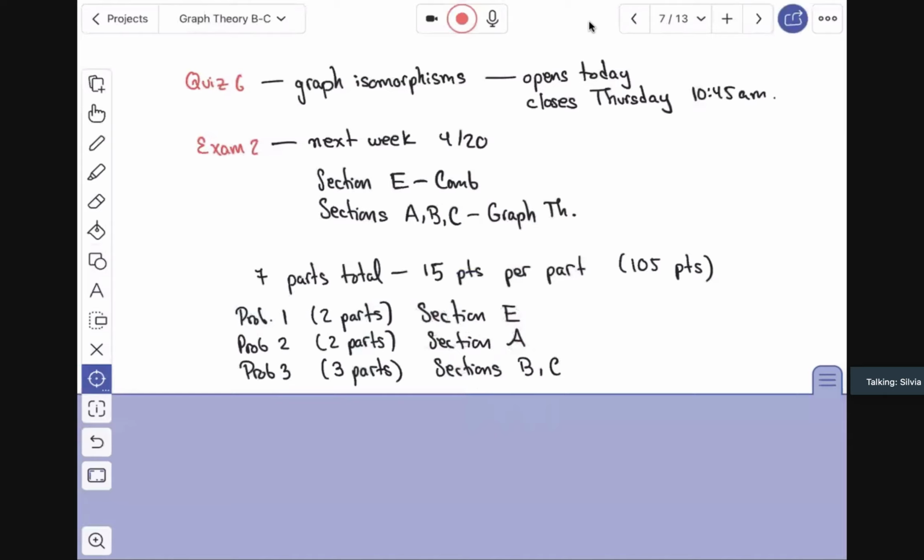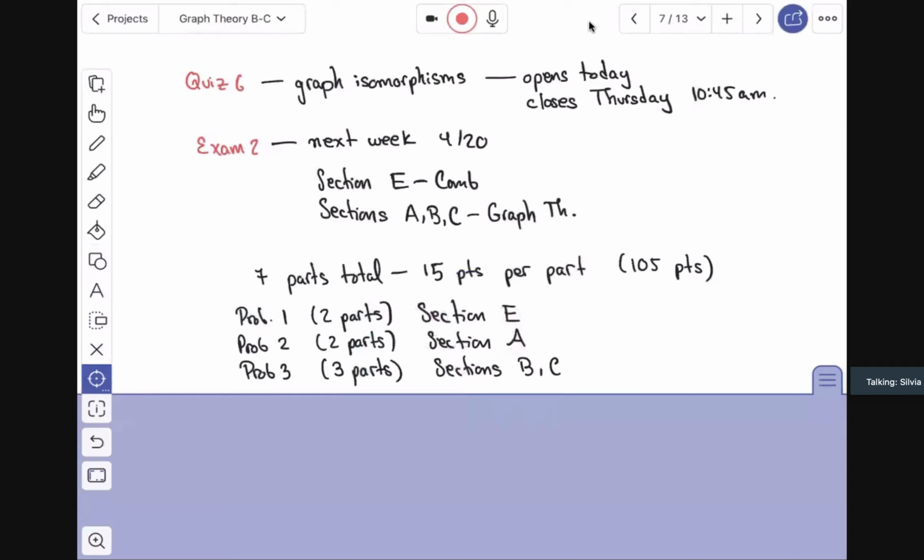I know that maybe it was fast for you, but I spent more time than usual solving problems, going over everything in the textbook, solving several problems. So definitely go over the class notes, because we did solve many problems in class. And then you have the ones that I gave you as practice.